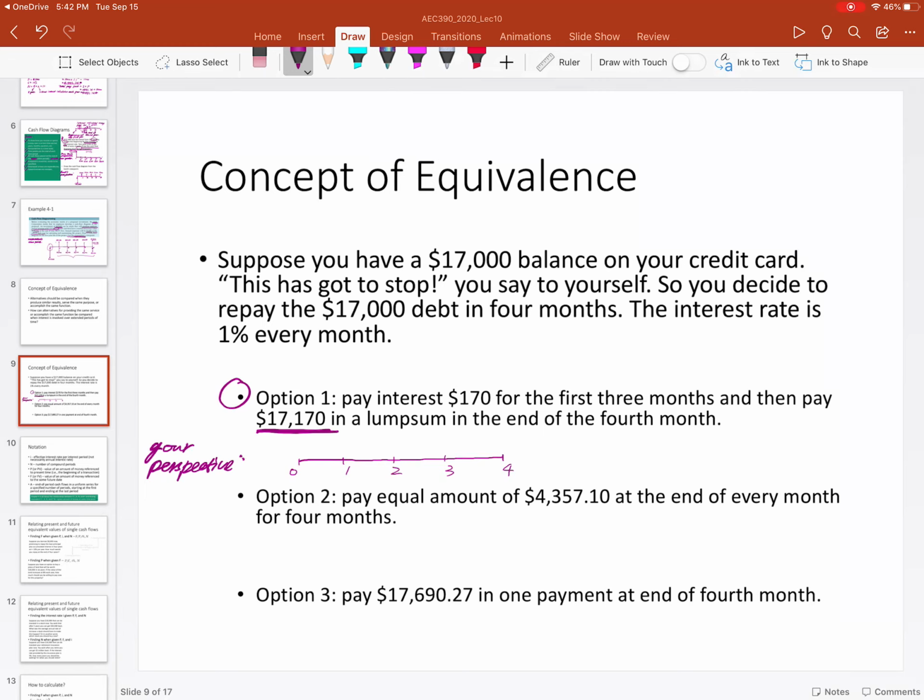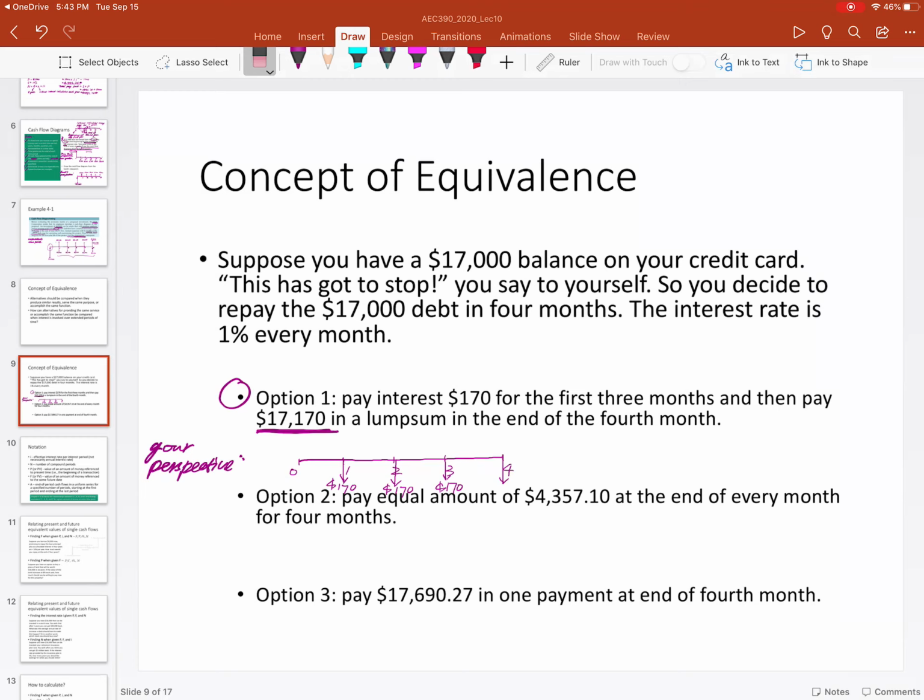At the end of the 1st month, you pay $170. That's your money, cash flow out. So it's an arrow going downward, and you label that 170. At the end of the 2nd month, you do the same thing. At the end of the 3rd month, the same thing. At the end of the 4th month, the same thing? Oh no, at the end of the 4th month it's not the same.